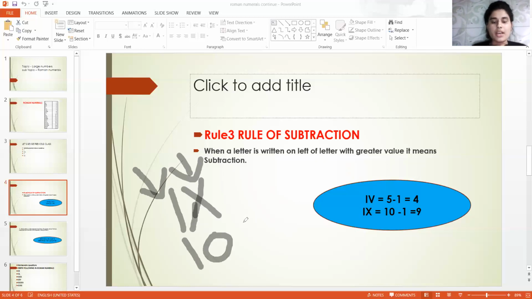Then we put a minus sign and write the smaller symbol, I, that is 1. 10 minus 1 is 9. This is the rule of subtraction.